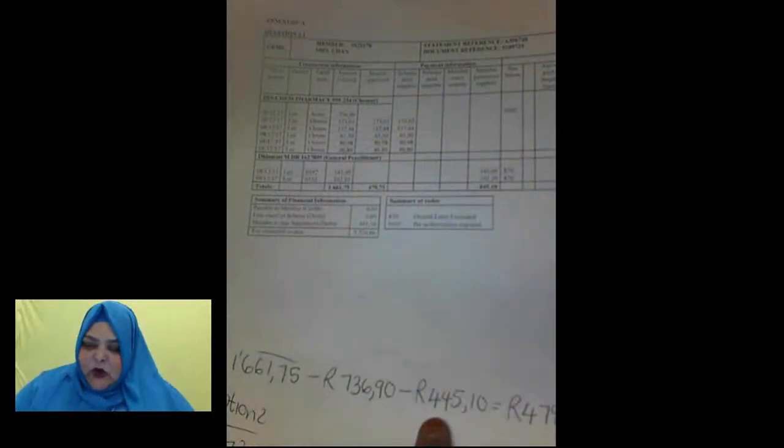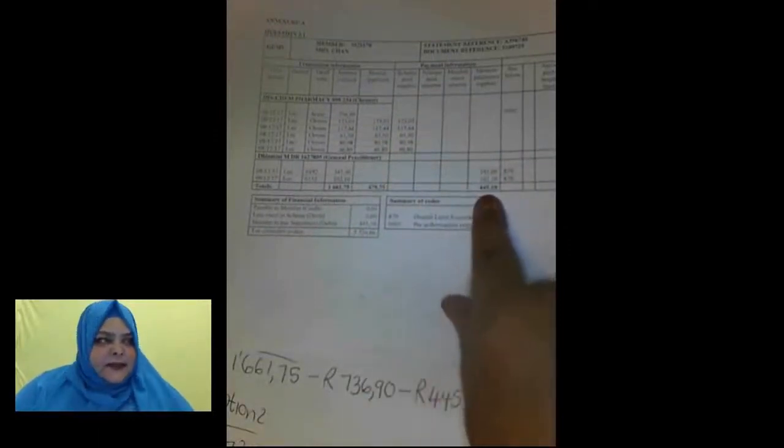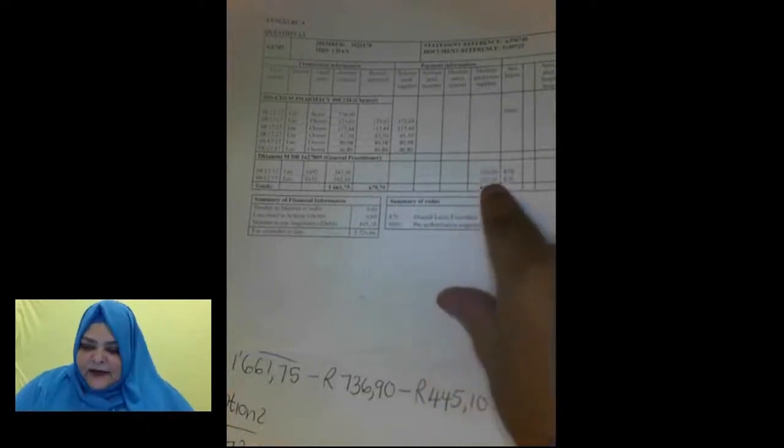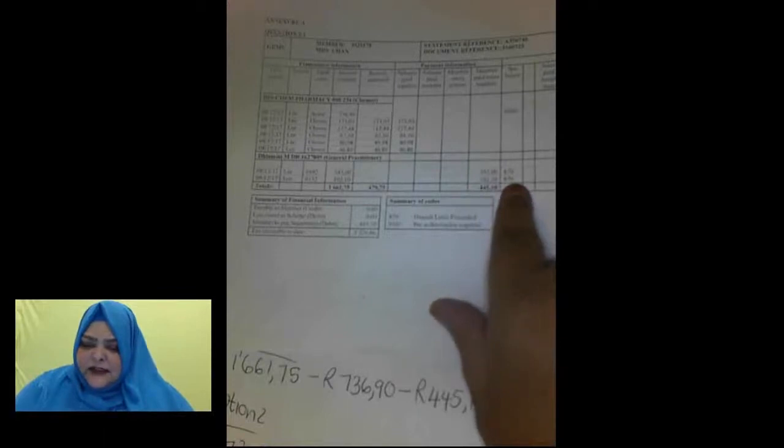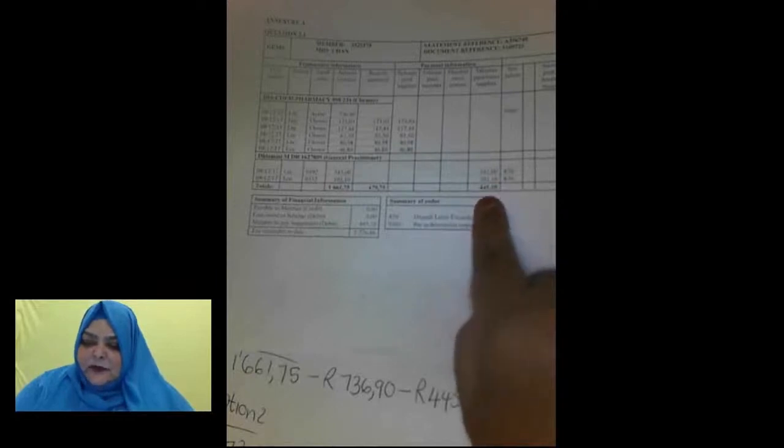So you deduct that from all these values, as well as your 445 rand 10 cents there. These medicines were now exhausted. These two extra chronic medications that he needed were exhausted, and he needs to pay 445 rand 10 cents.